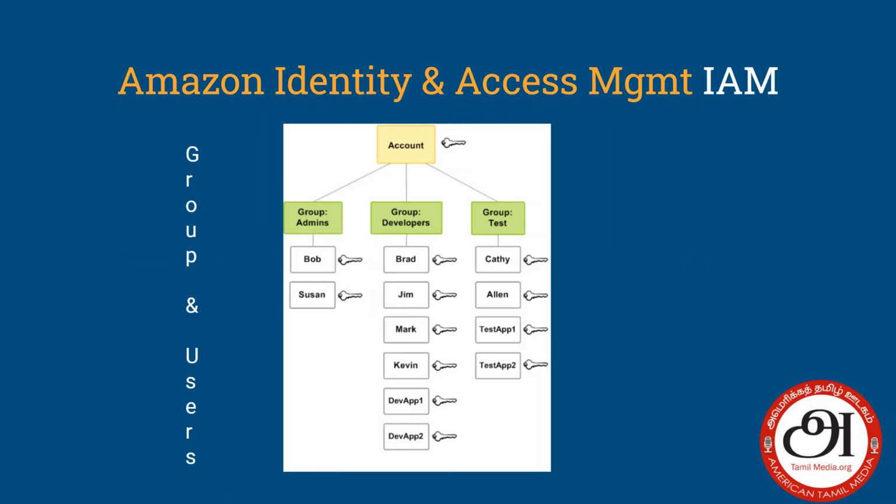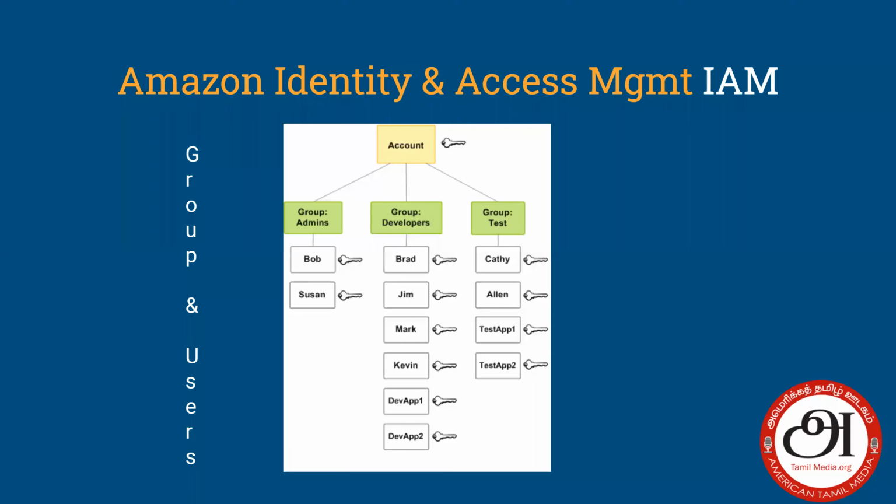Here is how the groups and users are related. Under the account level, you have the admins group, developers group, and test group in this example, and you have people assigned under each group. In this case, there is no duplication of users.